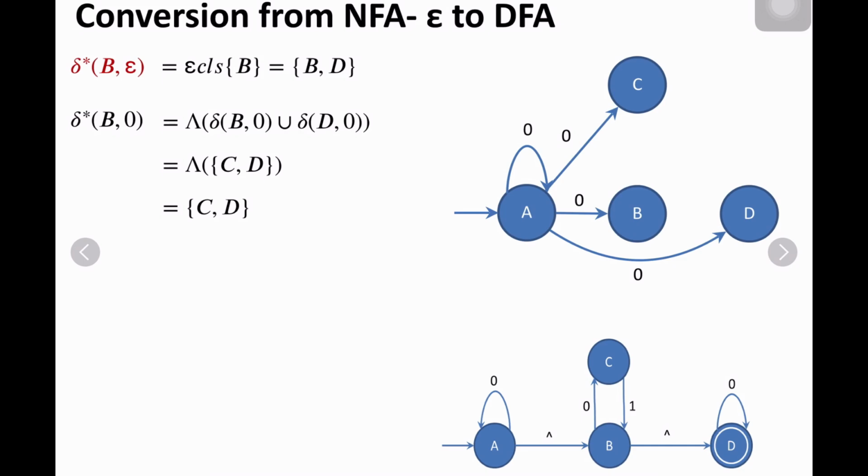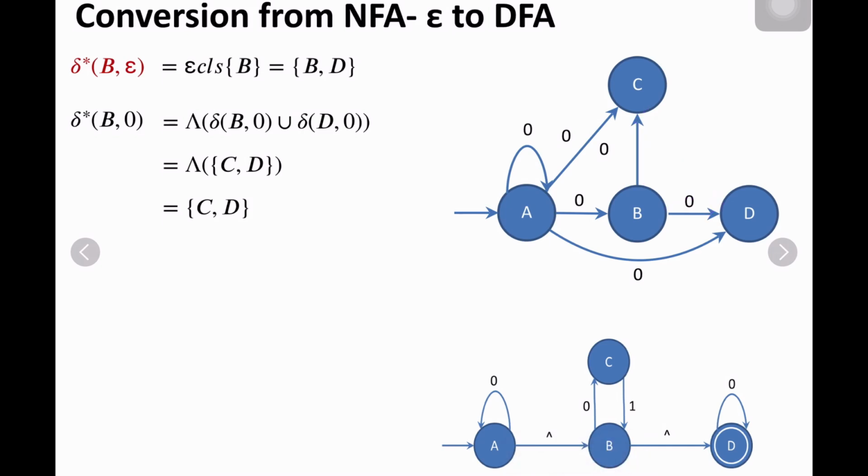Then write the diagram. B on 0 will go to C, and B on 0 will also go to D. Look at this, understood? Okay.